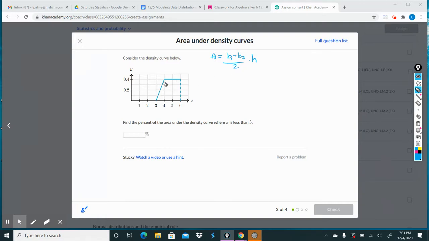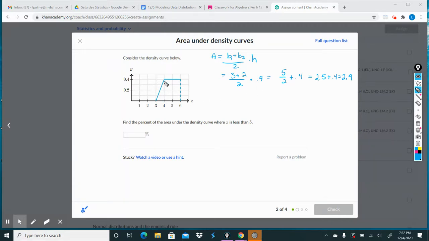So for the whole thing here, base 1 is 3, 1, 2, 3, plus base 2 is 1, 2, divided by 2, times the height, which is 0.4. So we have 5 divided by 2 plus 0.4, and we get 2.5 plus 0.4, which is 2.9. Okay, so that's our area right there.